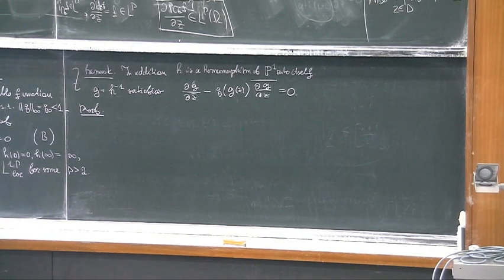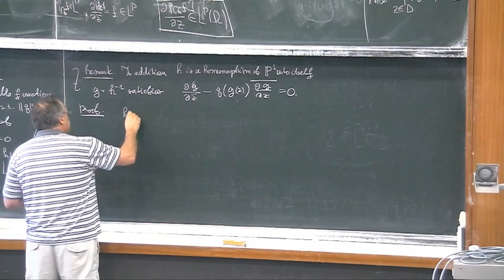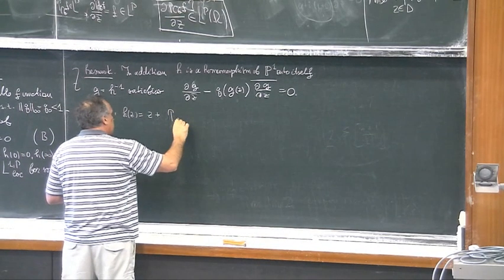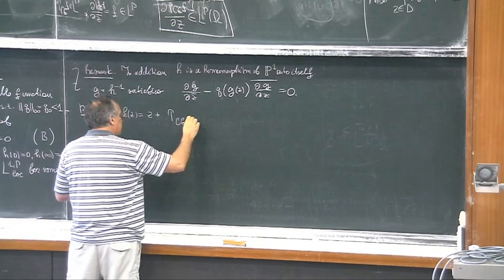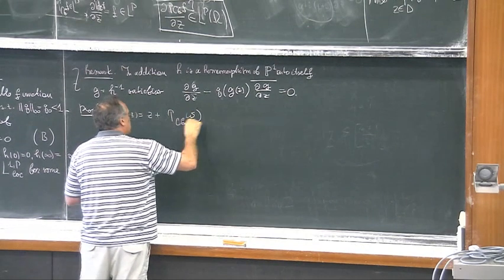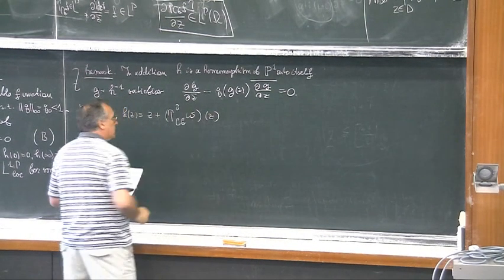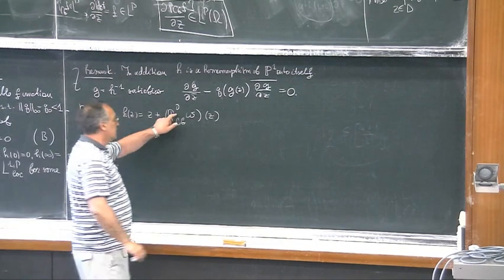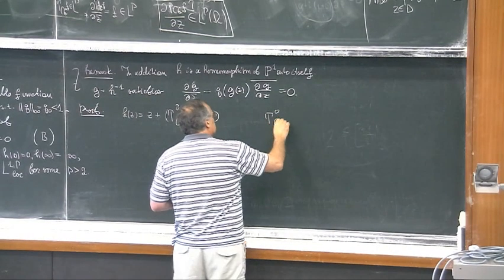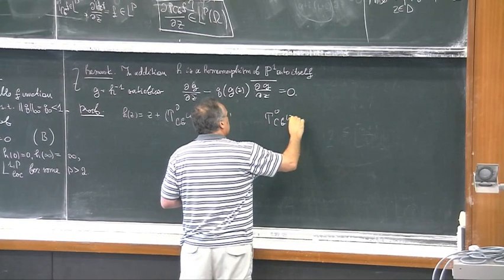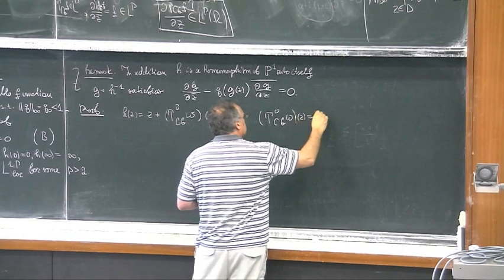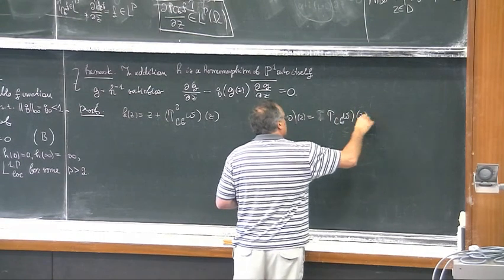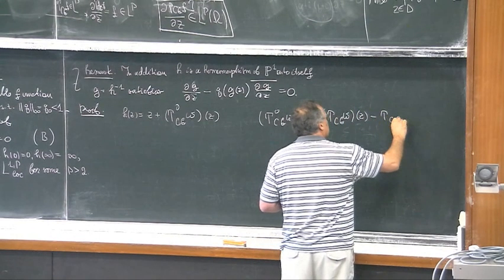Now we shall look for a solution in the following form: h of z equal to z plus the Cauchy-Green transform of some potential omega of z, where this 0 means the following: we take T0 Cauchy-Green of omega of z is the Cauchy-Green minus this function at 0.